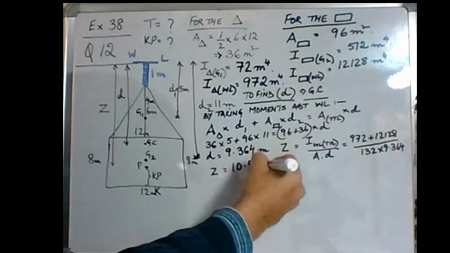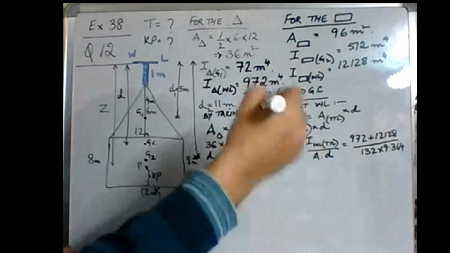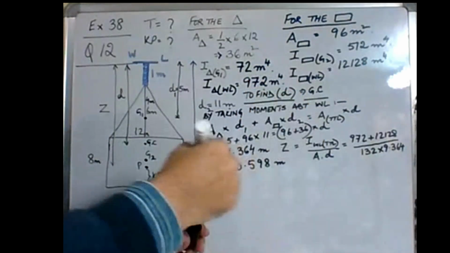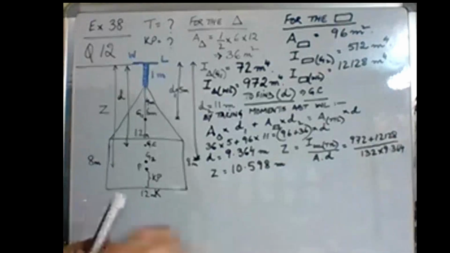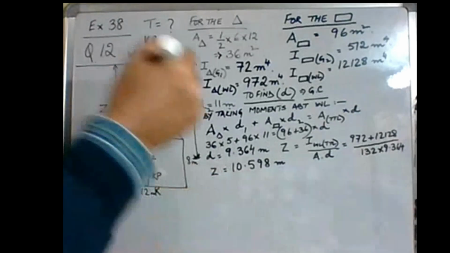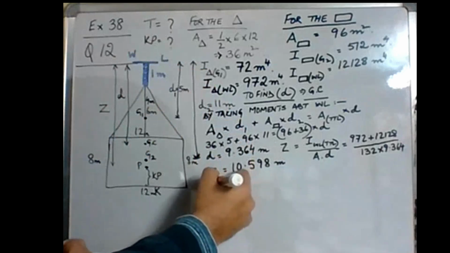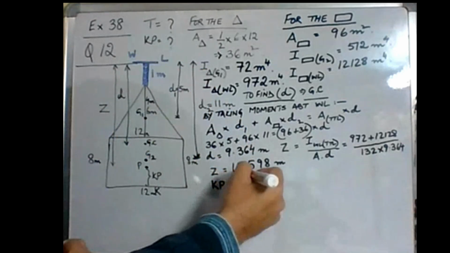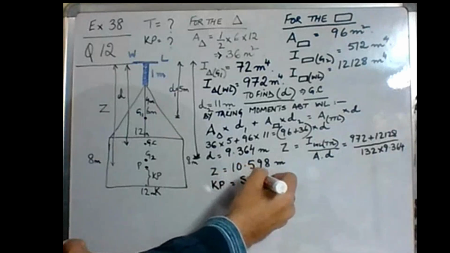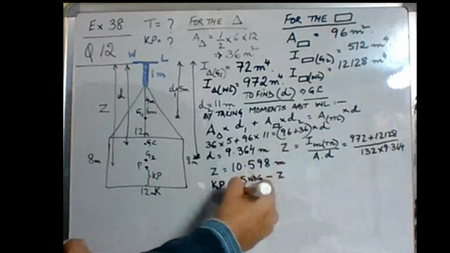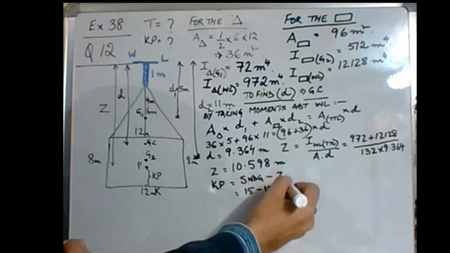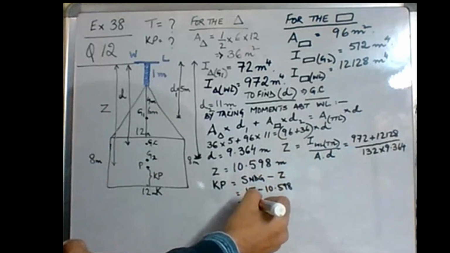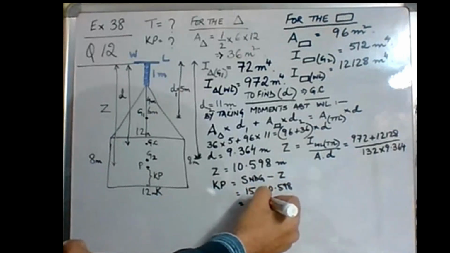Yes, sir. ये क्वेश्चन सारा निकल गया. Please mute your mics. सबका सेम आ रहा है? Z. So tell me the value of KP now. 4.402.